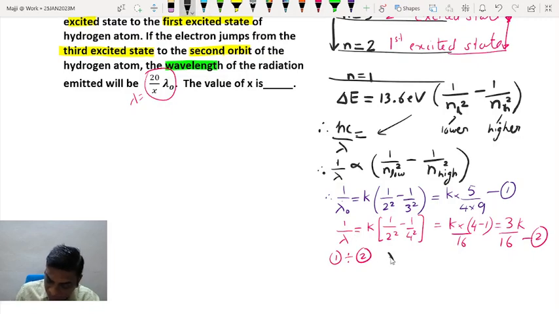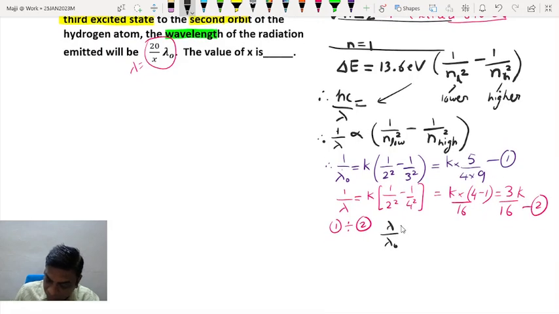Dividing 1 by 2, you have lambda by lambda naught is equal to 5 by 4 into 16 by 9 by 3. Remember, k gets cancelled here.